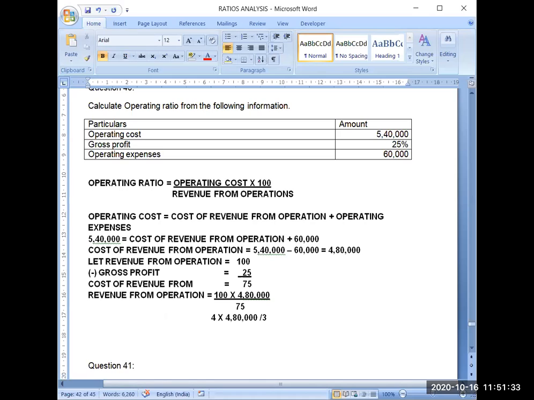And if I divide 4,80,000 by 3, it will come 1,60,000. So 4 multiplied by 1,60,000, revenue from operation will be 6,40,000. Now I have got revenue from operation.